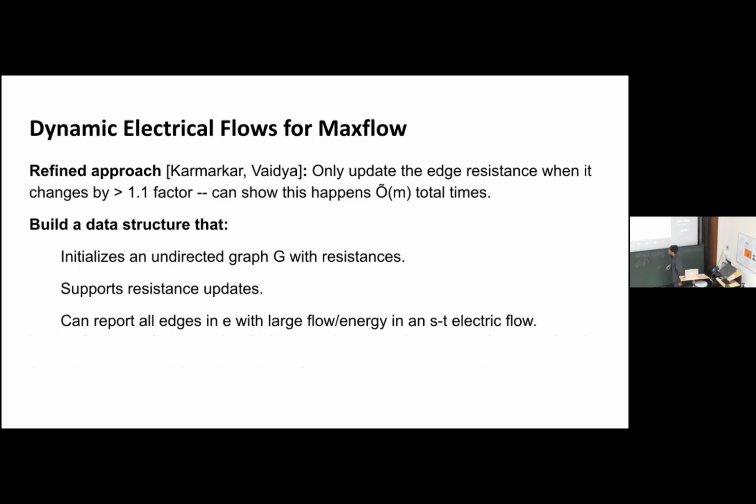So maybe more precisely, we're given a graph G with some resistances and they change over time. And then after every change or every batch of changes, you just want to report which edges have a large ST electric flow. And then the algorithm is going to update these edges and keep going.